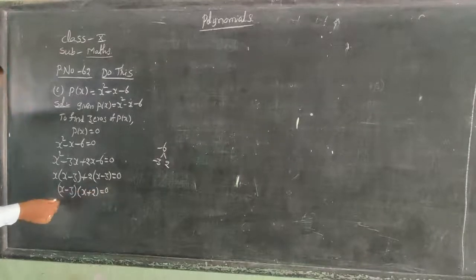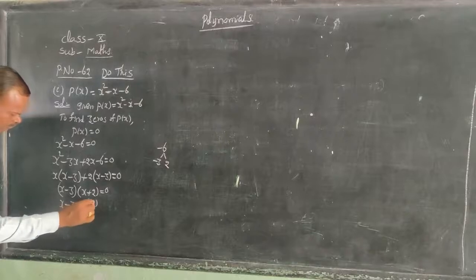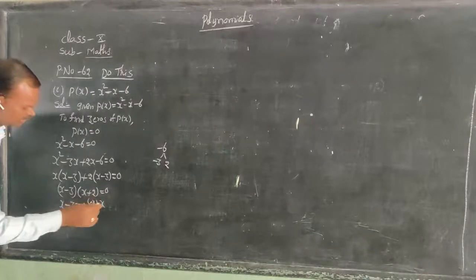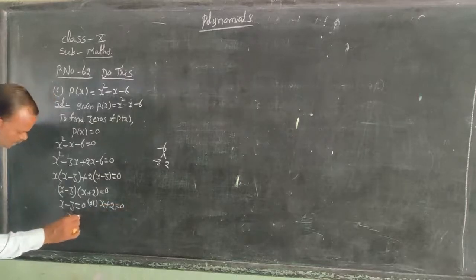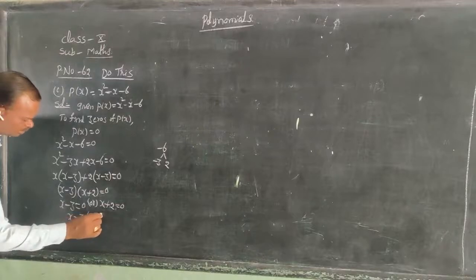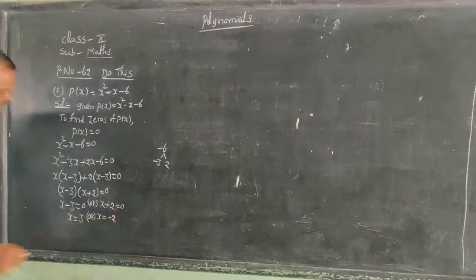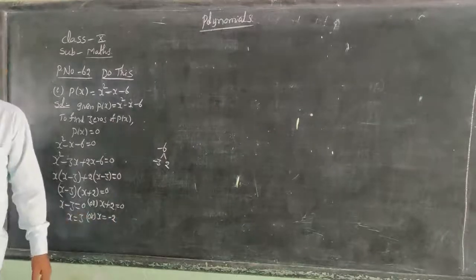Equating these to 0: x minus 3 is equal to 0 and x plus 2 is equal to 0. Transposing the values, x is equal to 3 or x is equal to minus 2.